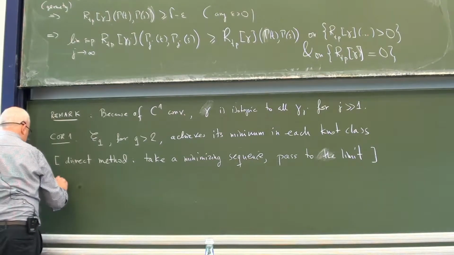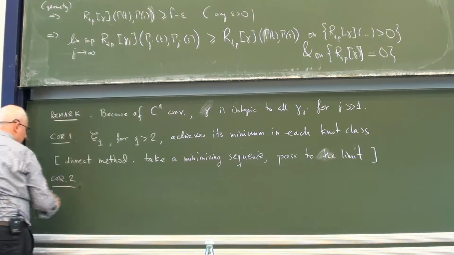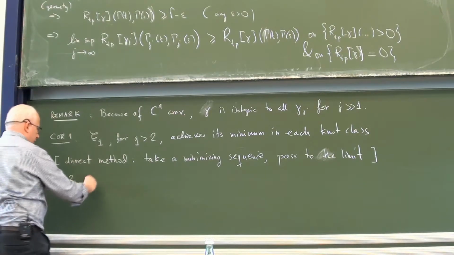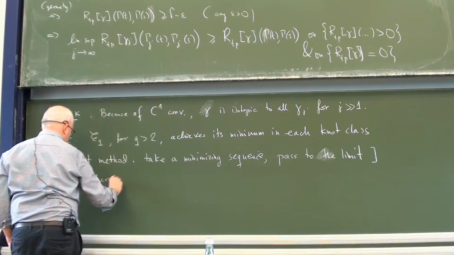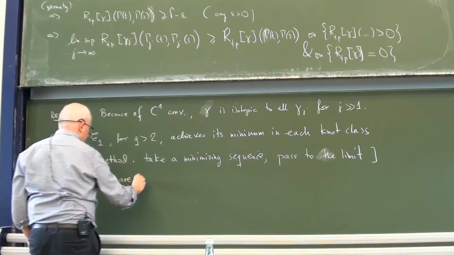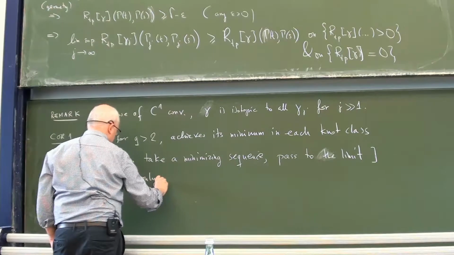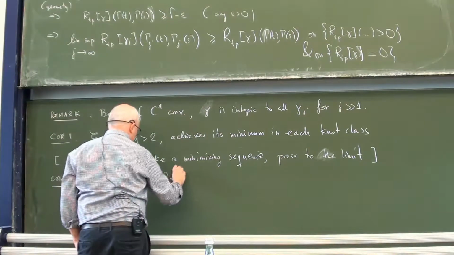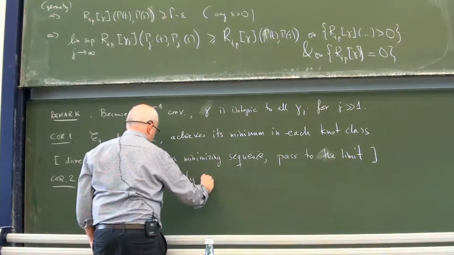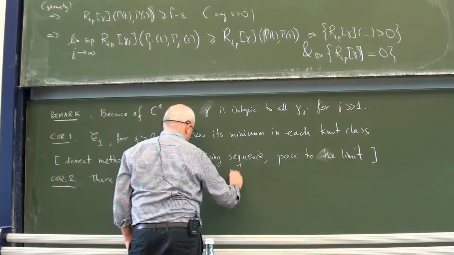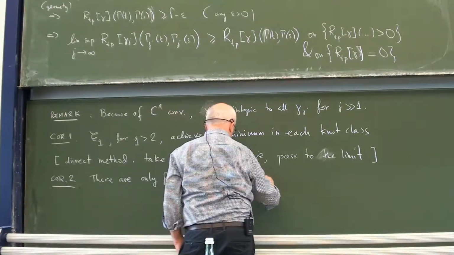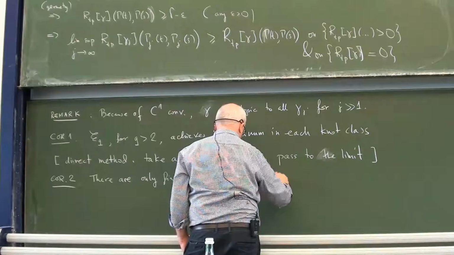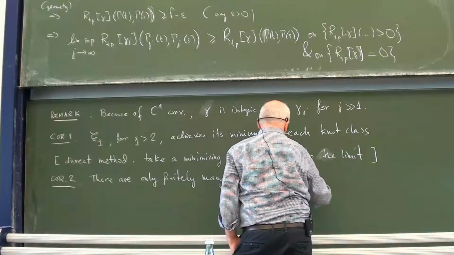Second corollary, it tells you that there are only finitely many knot classes under each energy level.